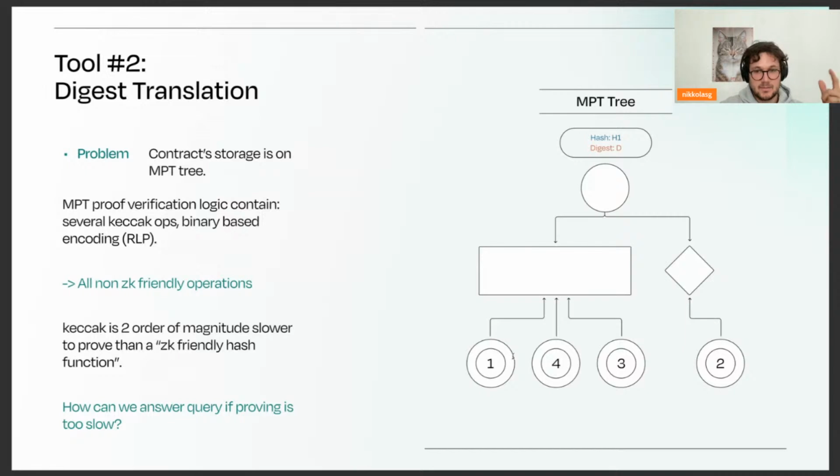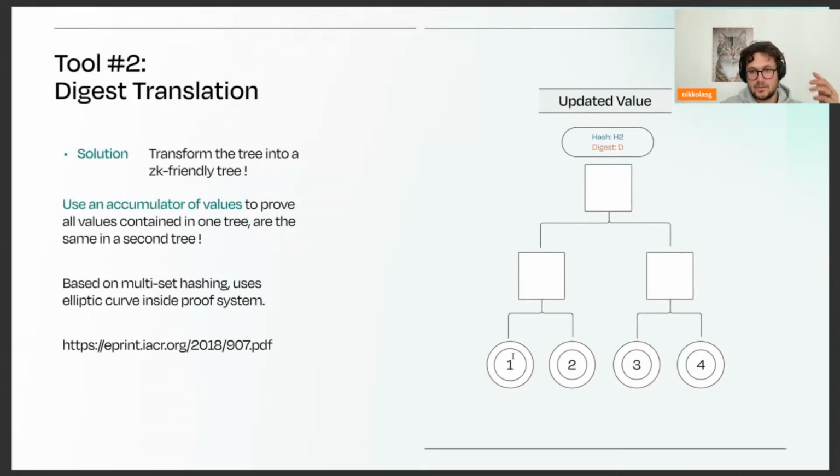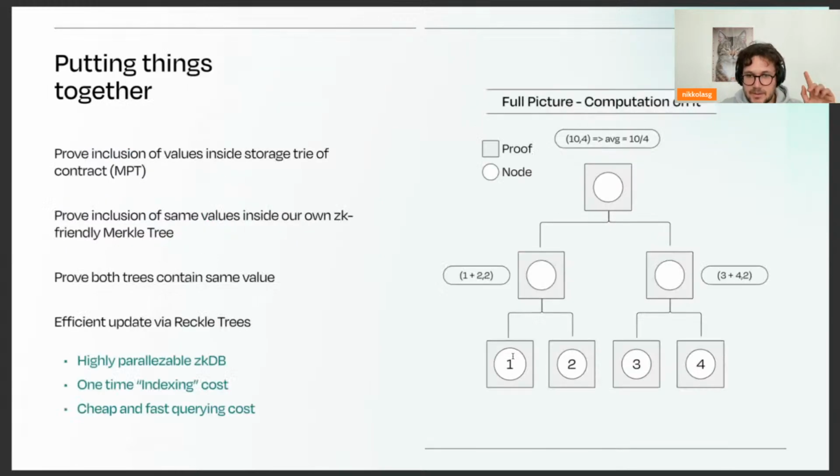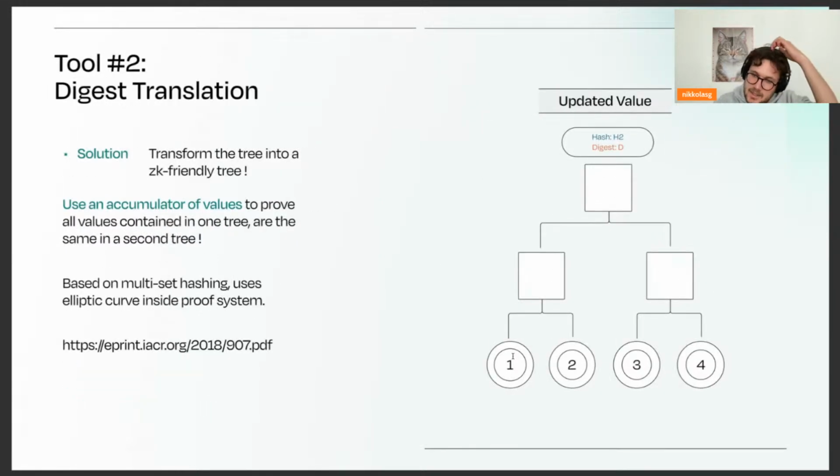For us, it becomes very easy to update a value, because, I don't think the slide is showing it here, now we can just prove that we have the same value in the MPT tree and the same value in our Merkle tree by just computing this digest in parallel, regardless of the order, because that means the order can change in our database.